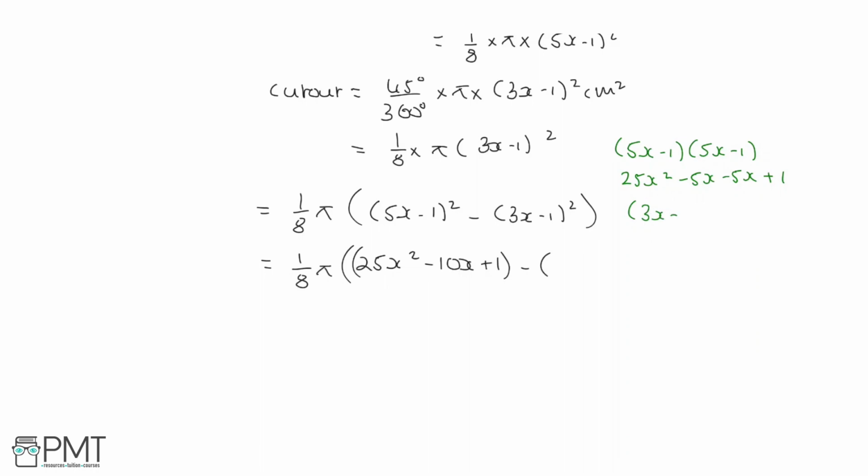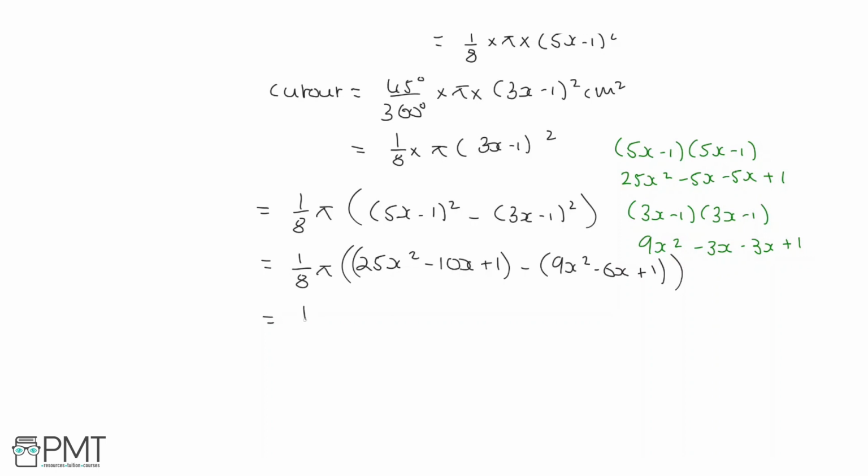So we have 3x minus 1, 3x minus 1. We have 9x squared minus 3x minus 3x plus 1, because again we're doing 3x times 3x, 9x squared, 3x times minus 1, minus 1 times 3x, and minus 1 times minus 1. So that's all good. This is going to be 9x squared minus 6x plus 1. There we go.